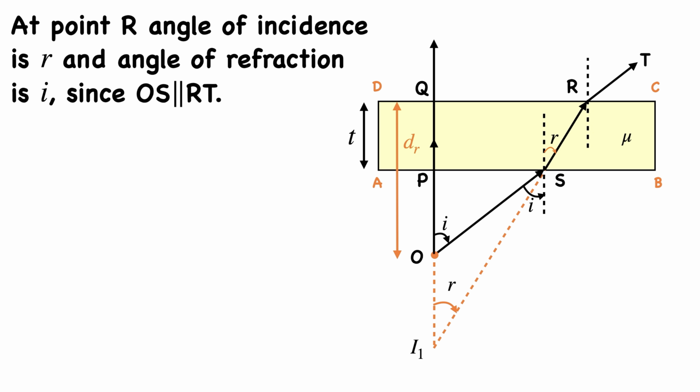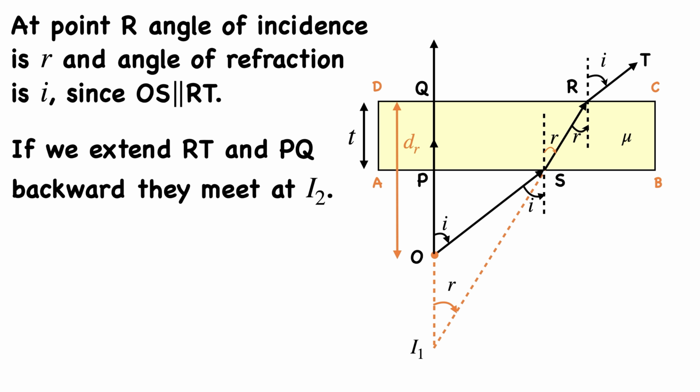Here at point R, the angle of incidence is R and the angle of refraction is I. We know that a light ray after refracting through a parallel glass slab emerges parallel to the incident ray. So OS is parallel to RT, and so RT makes angle I with the normal at surface CD.